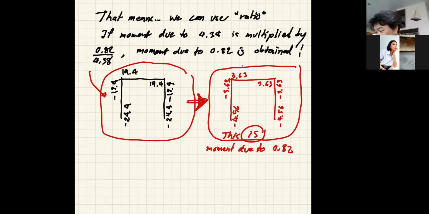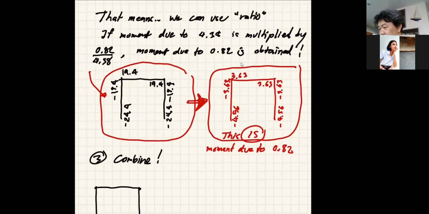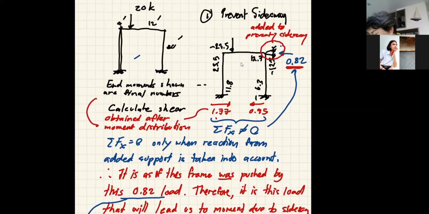So step number 3, we combine them. So that means in the end, you have this. Moment due to, let me see if I use the, what color? Okay, it's black.